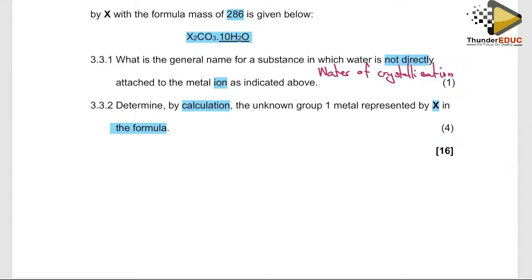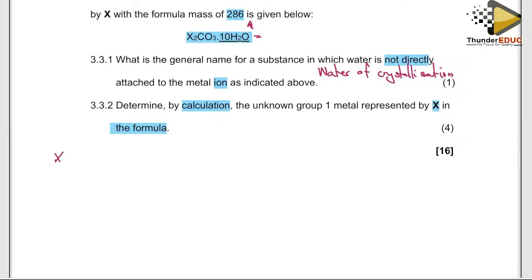Let's calculate using what we are given. I'm going to equate these two, so here I'm having X2CO3.10H2O equivalent to the formula mass that you're given, 286.